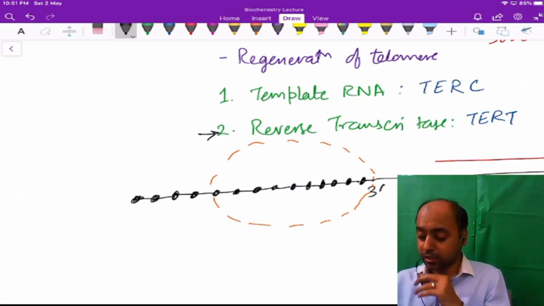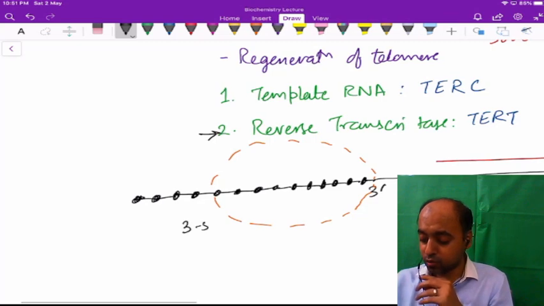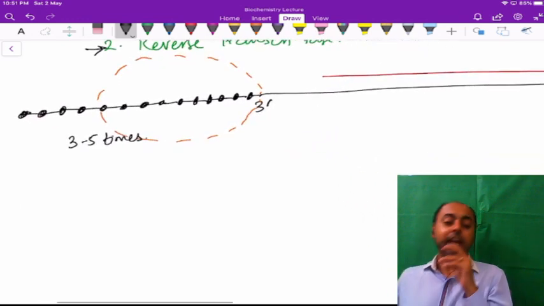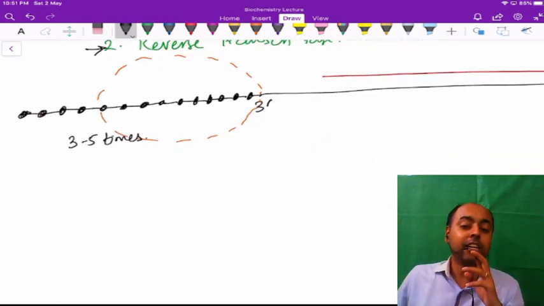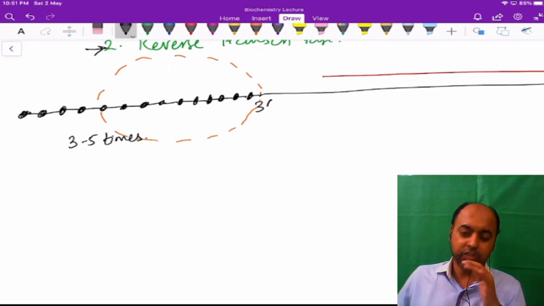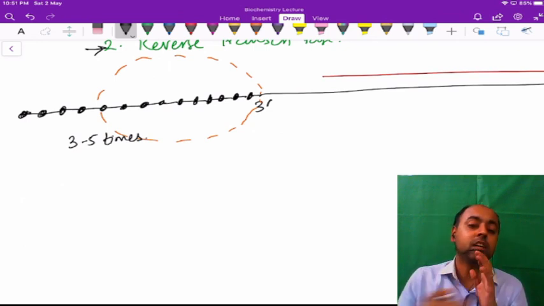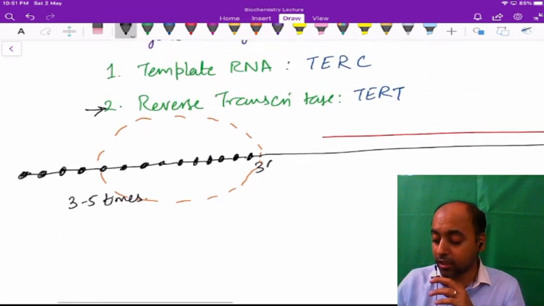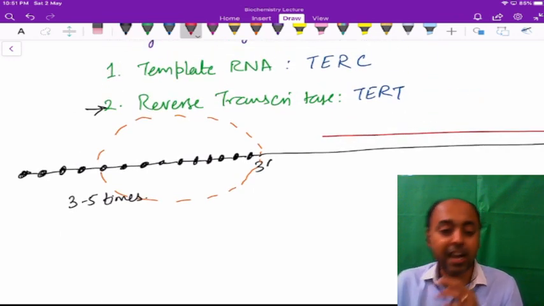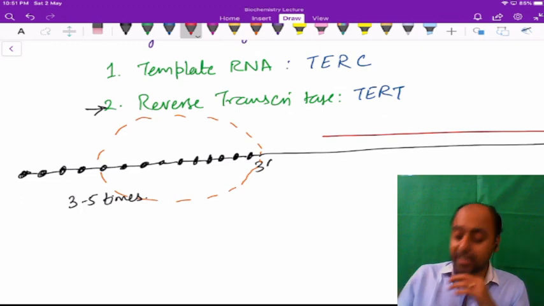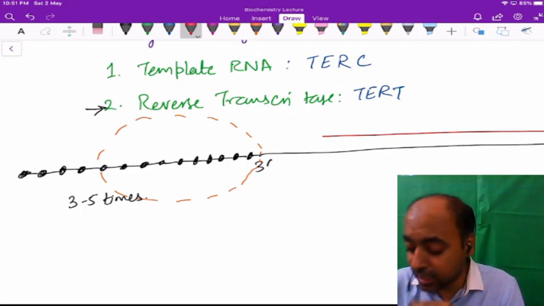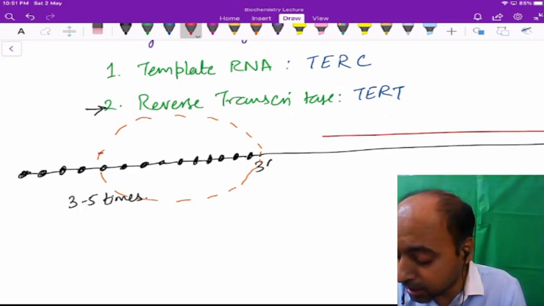So typically about 3 to 5 times the end of the nucleic acid is generated when the telomerase comes into the picture. If it is not there, it is not there. If it is there, 3 to 5 times it will increase the end of the DNA. Once it is completed, either in the same cycle or in the next cycle, the new extended DNA can again participate in the replication.